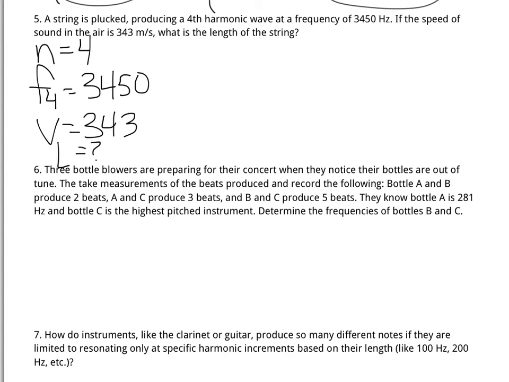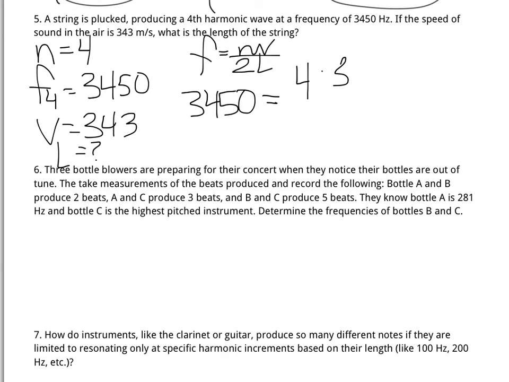So this is a frequency equals nv over 2L type of calculation, where we know that the fourth harmonic is 3450, the n is 4, the velocity is 343, and we're solving for length here.